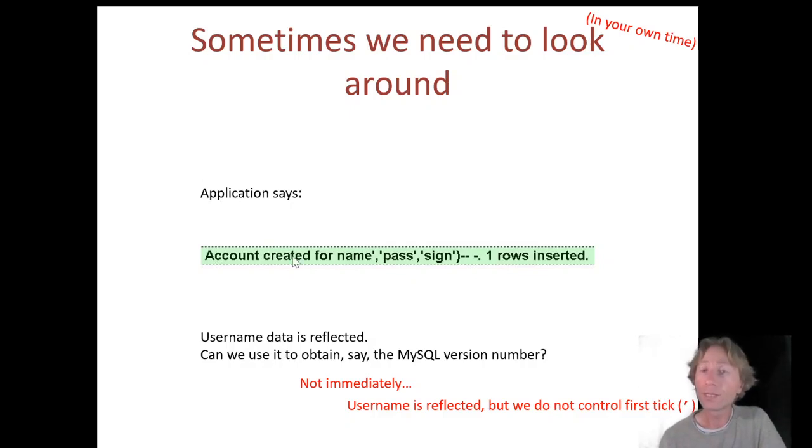After all, in the query that was created, there was a tick there, which we do not control. So we cannot obtain anything other than this name, pass, sig, as we entered it. If we were going to put a subquery here, it would not be interpreted as a subquery, because this first tick we do not control.